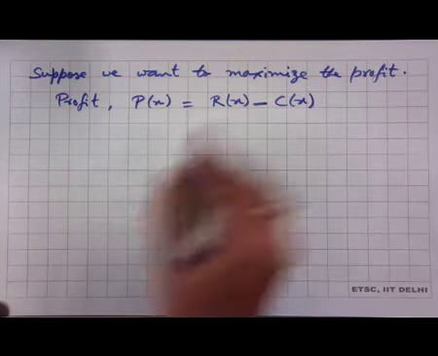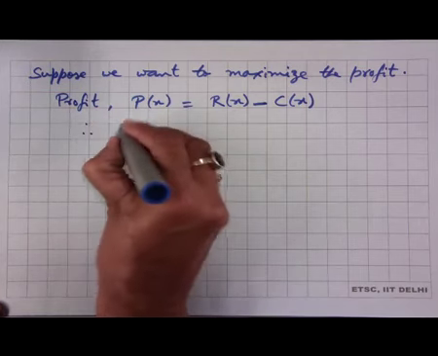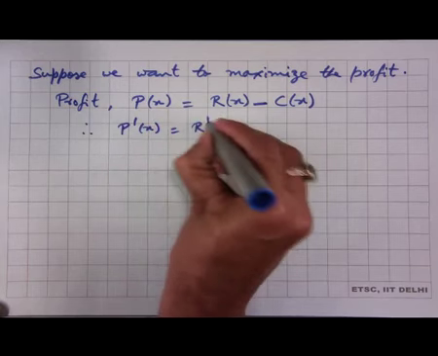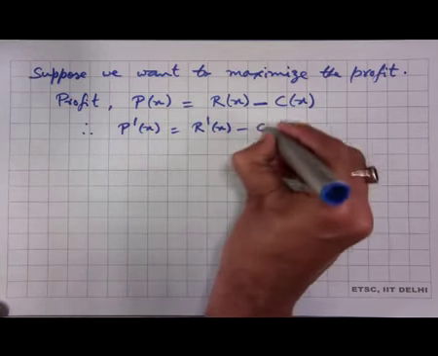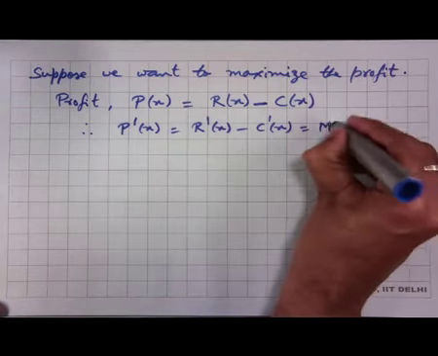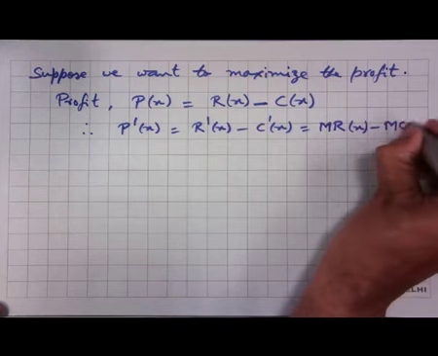Now, to maximize the profit, therefore, if we take the derivative P prime x, this is equal to R prime x minus C prime x, which is the marginal revenue minus the marginal cost.